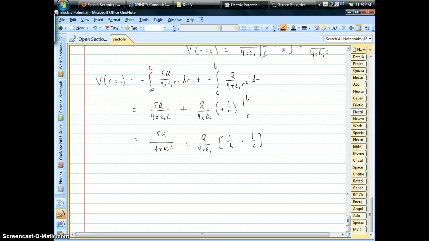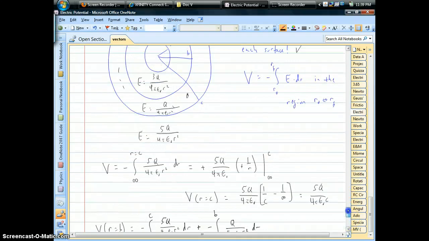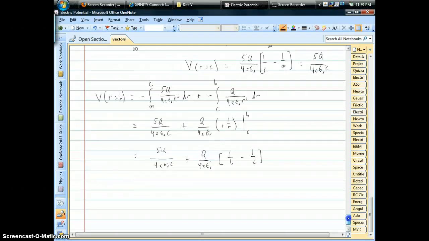Now, we can actually simplify this a tad, because we have two terms that'll have a 1 over the same denominator, 1 over 4 pi epsilon c.